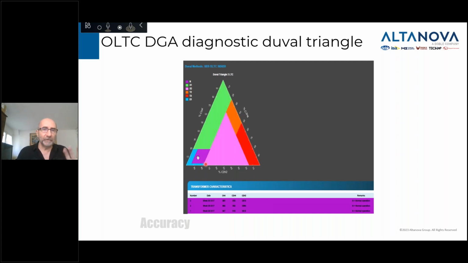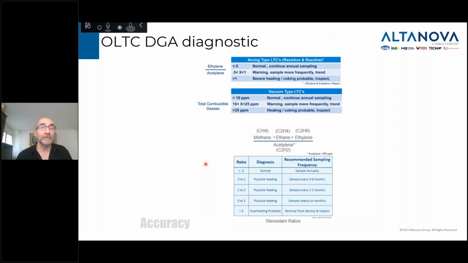This is the Duval triangle for OLTCs. There are also other OLTC diagnostic tools that have been designed; you can see two of them, one of which is the Stenestam ratio. There are also other diagnostic tools used internally at Doble for the analysis. I've heard the same thing for Reinhausen, who also have their own diagnostic tool for their DGA.